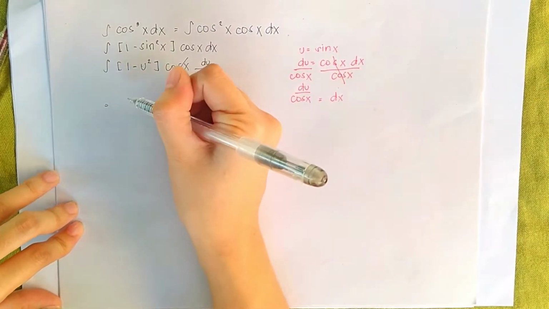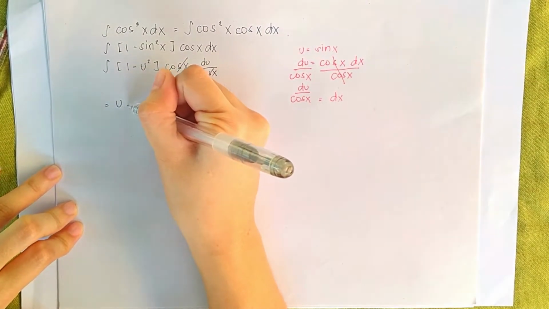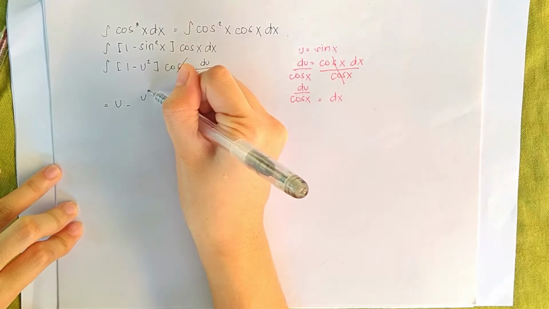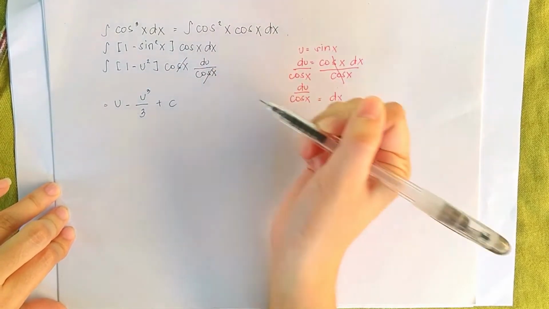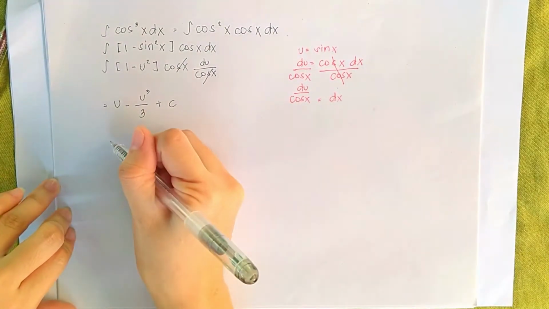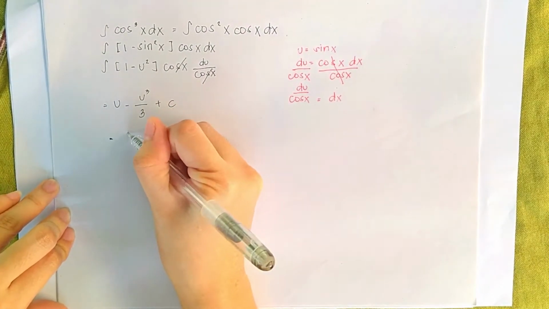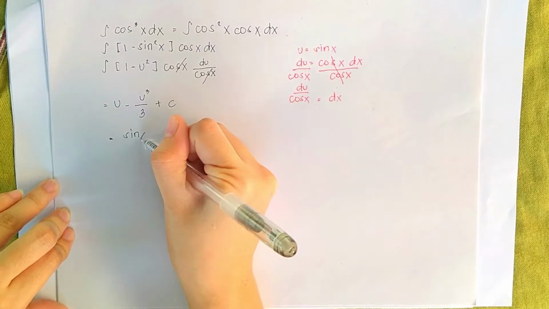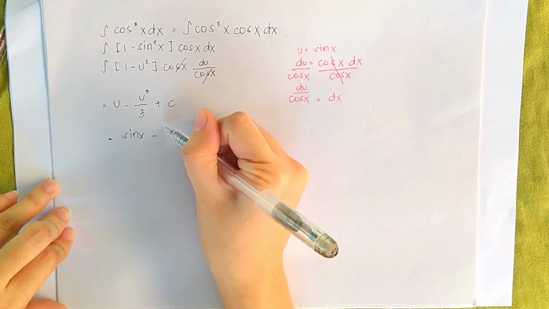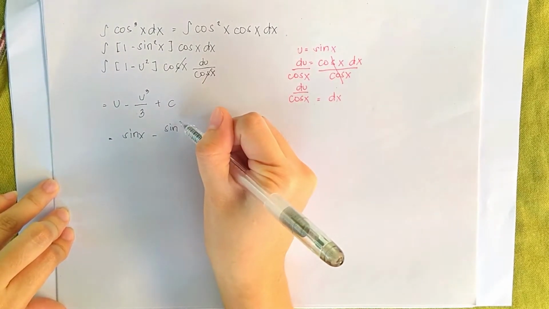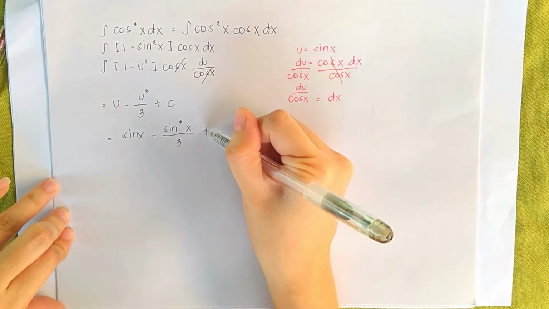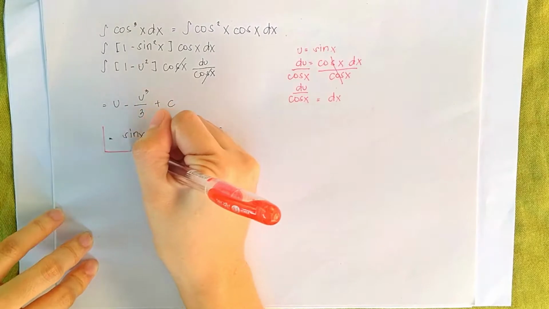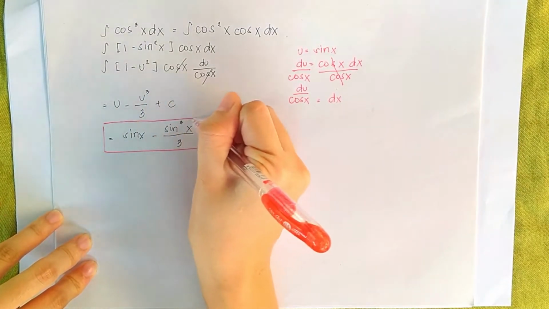So the antiderivative of 1 minus u squared is simply u minus u cubed over 3 plus c. So the last step is to get the value of u, which is sine x minus sine cube x over 3 plus c. So this is our final answer.